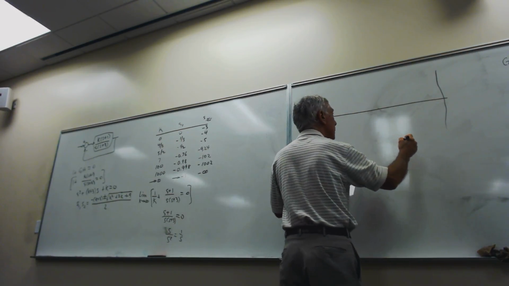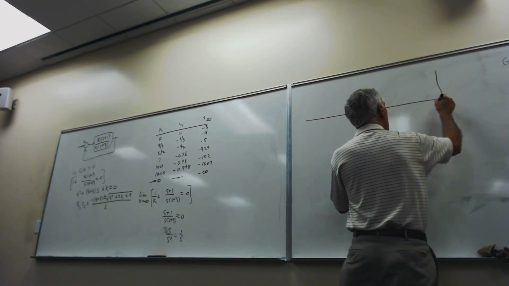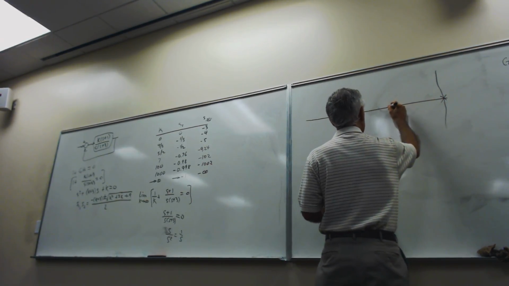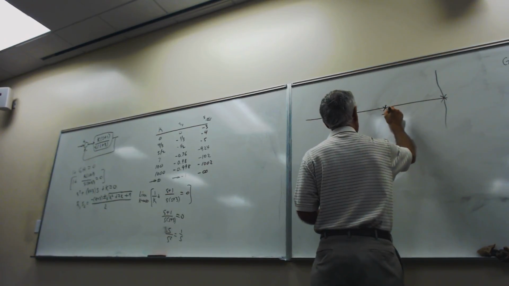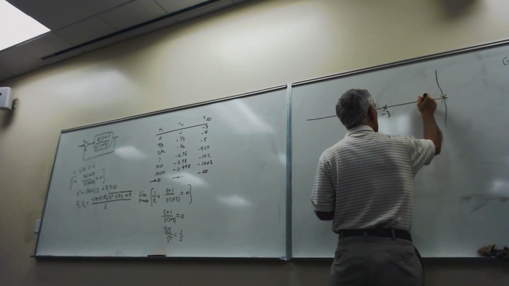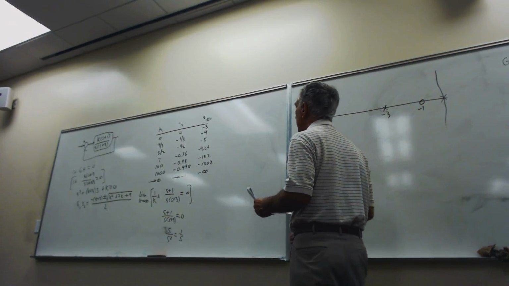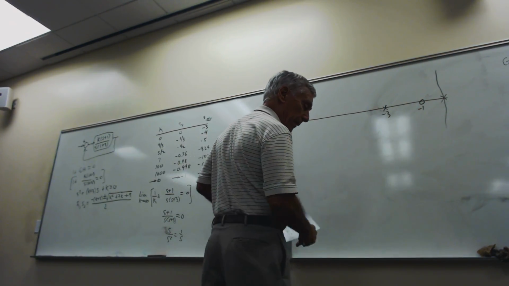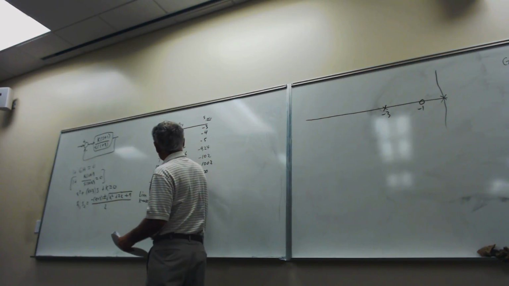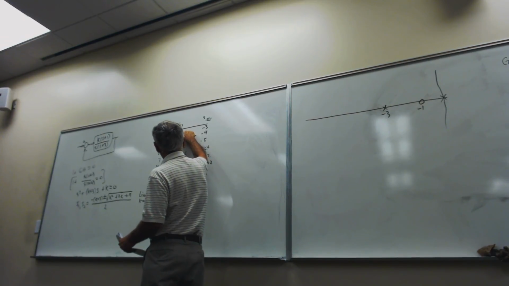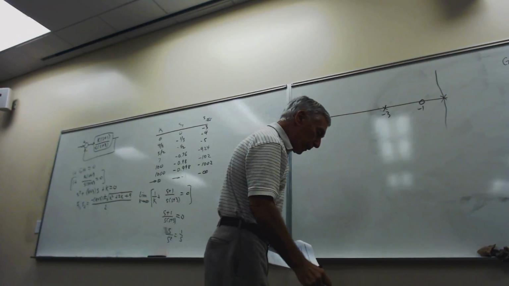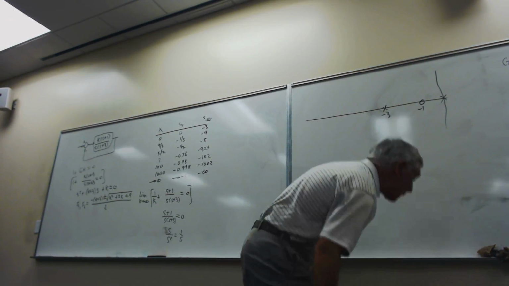Remember, you had an open loop transfer function pole at the origin, a pole at minus 3, and a zero at minus 1. As the gain k increases from 0 to infinity, we have the roots going from 0 to minus 1.